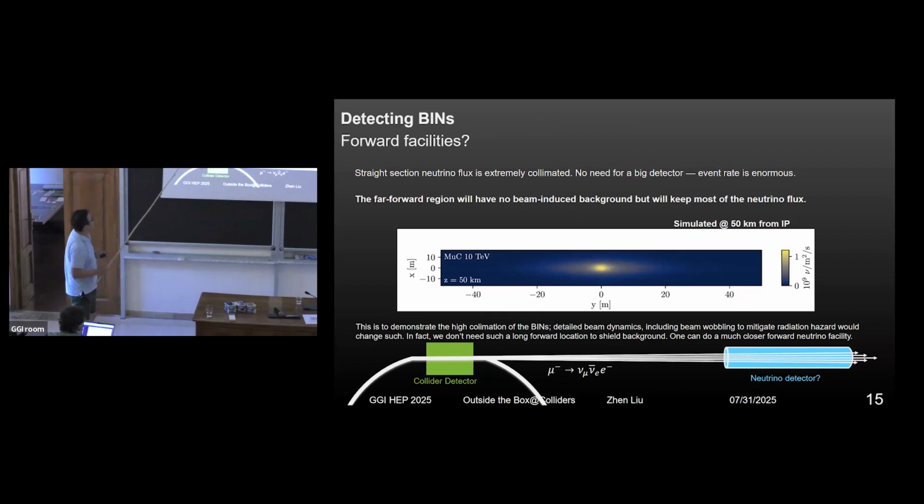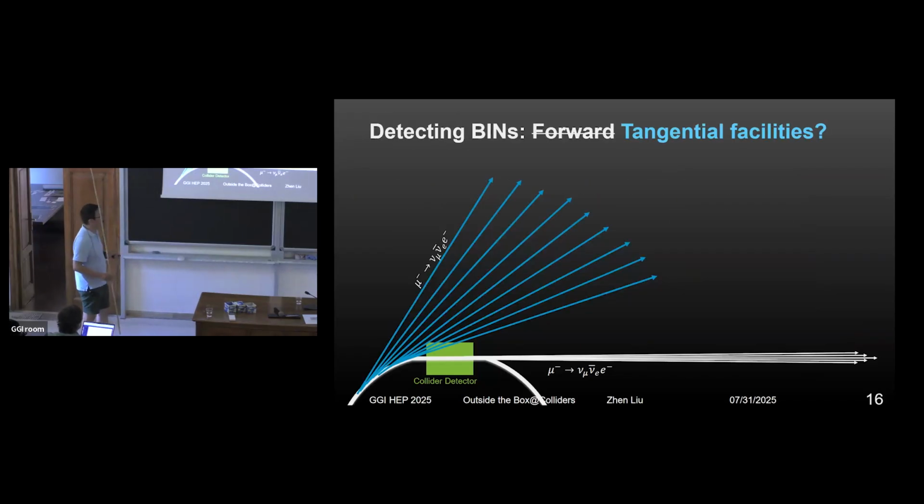Here's our simulation in the appendix, but just to give you a sense of how concentrated the neutrino flux is, the spot size about 50 kilometers away from the interaction point is still at the level of a few meters. It's really 10 to the 9 neutrinos per meter squared per second, a lot of them in this forward direction. Definitely there's interesting forward neutrino physics possible, and I think there's room for people to study more and more.